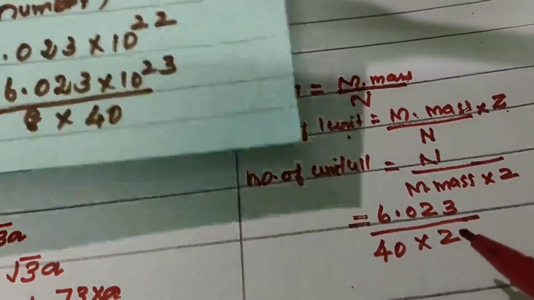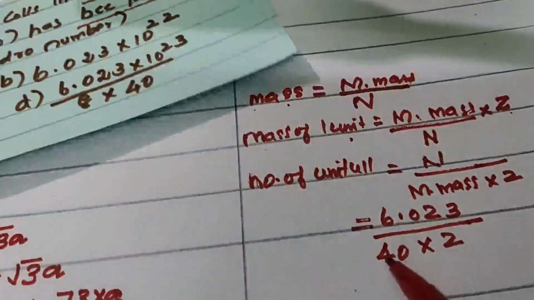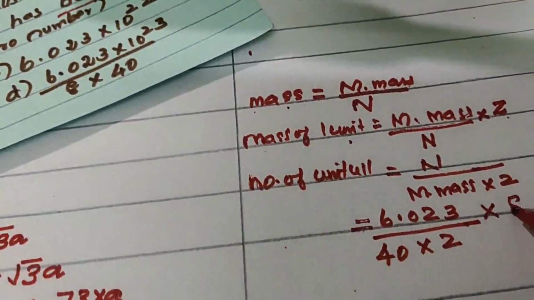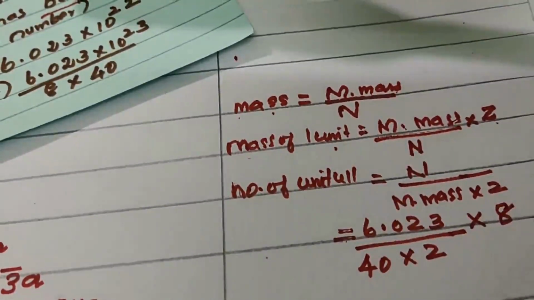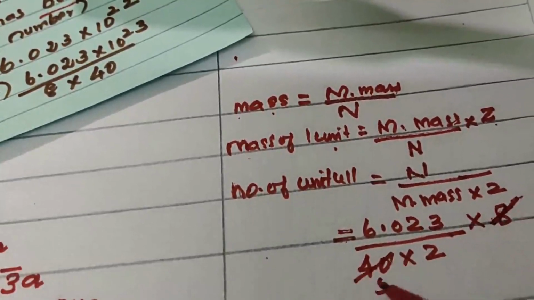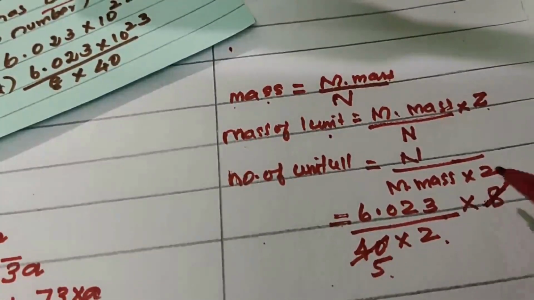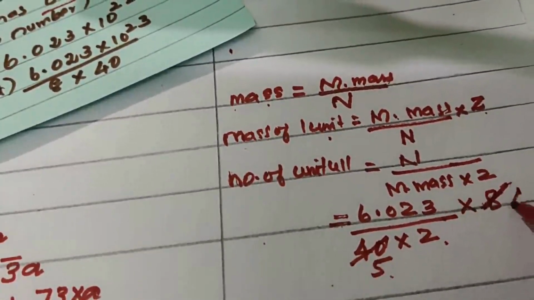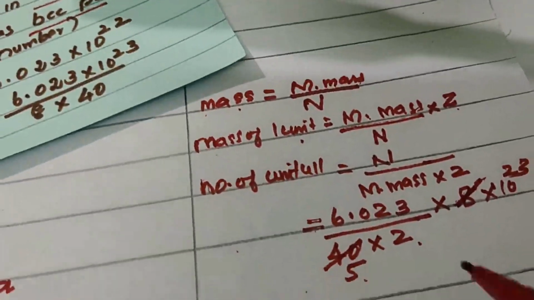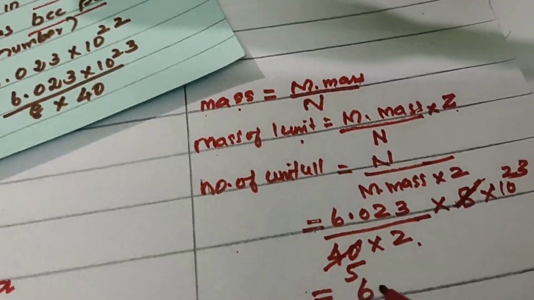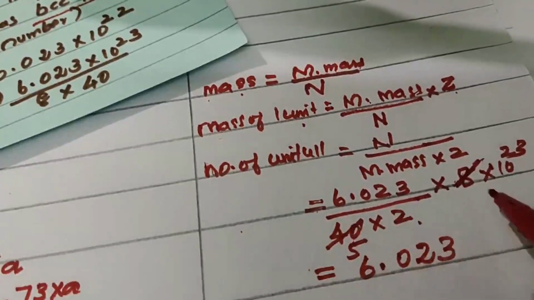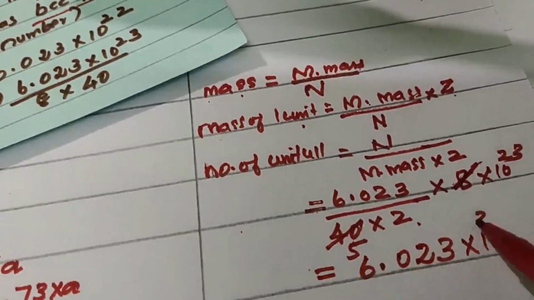To calculate the number of unit cells in 8 gram, this is for the number of unit cells in 1 gram, so it is multiplied by 8. So here 8 into 6.023 into 10 raised to 23 divided by 40 into 2, that is equal to 6.023 into 10 raised to 23, and 10 raised to 23 with 10 to the minus 1.